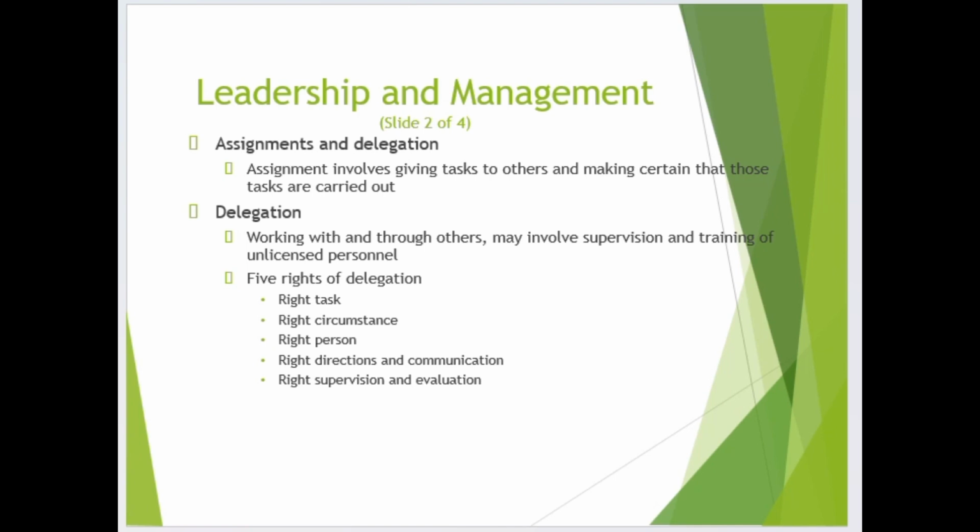All right, delegation: working with and through others, may involve supervision and training of unlicensed personnel. So that would be assistive personnel. Now, if a nurse does that, either an LVN or an RN, whatever the nurse is, they have to know their Nurse Practice Act, because the Nurse Practice Act is going to tell them what they can delegate to somebody else.